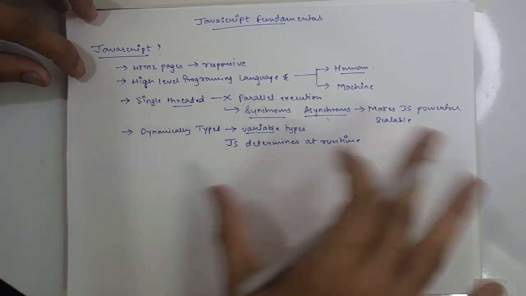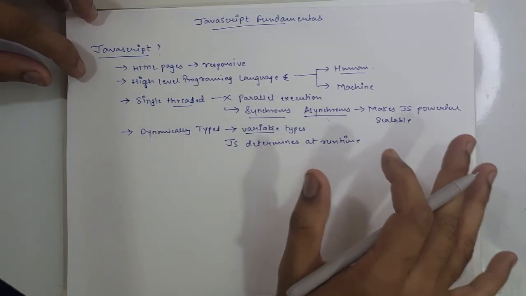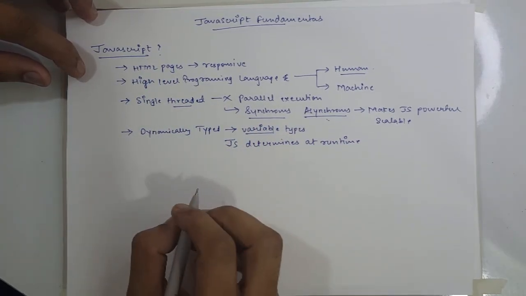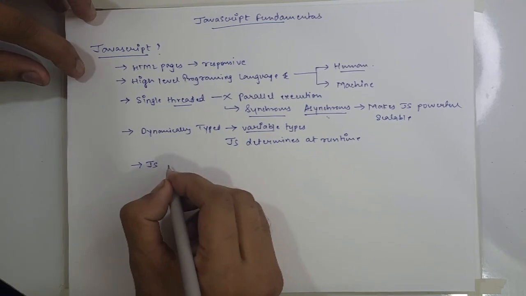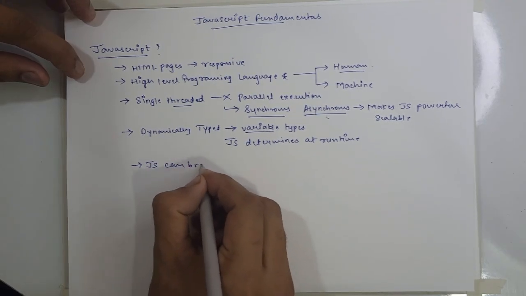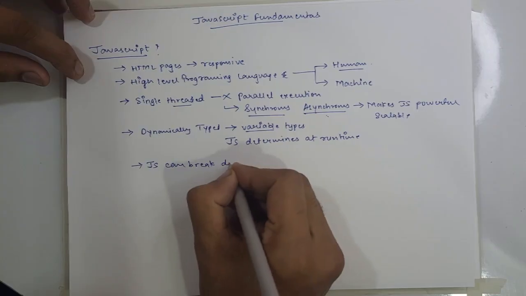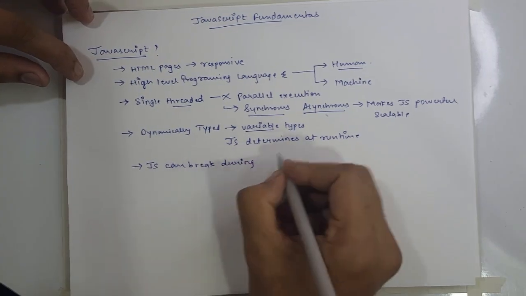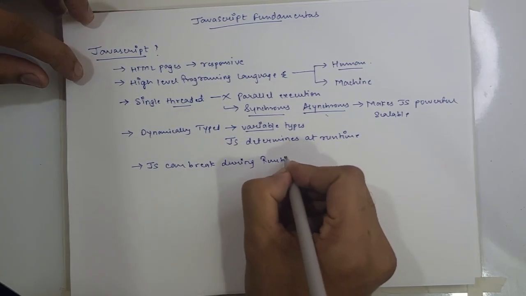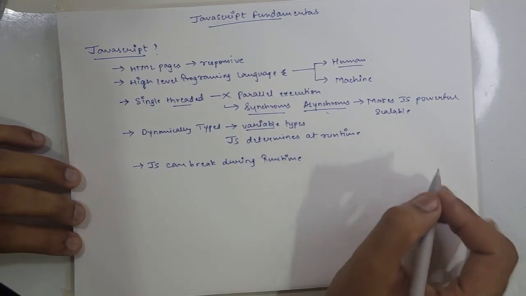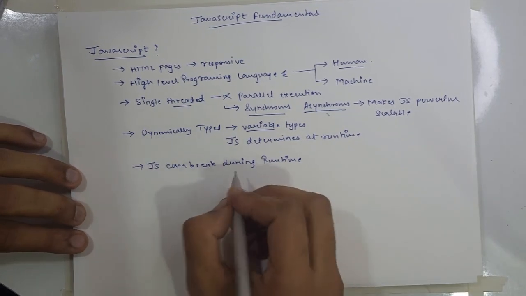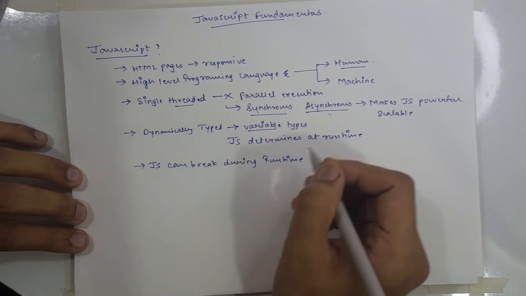JavaScript executes the code and runs it on the native machine. That is one reason why JavaScript can break during runtime. You can get a couple of errors if you mess up.